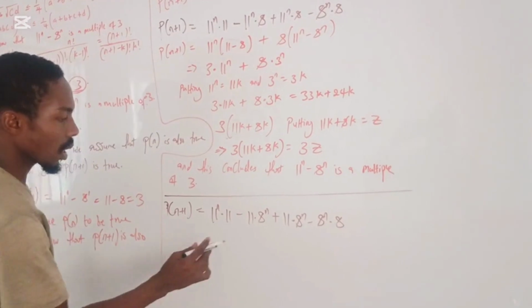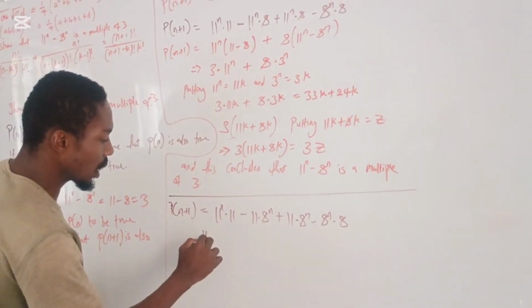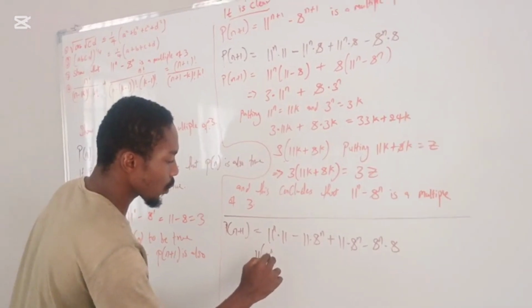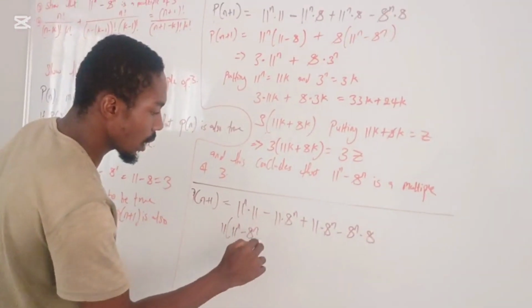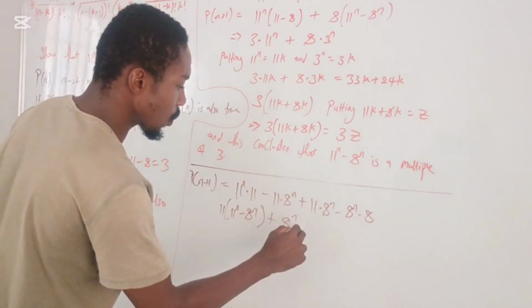Now, from here 11 is common, we'll factor out 11. This is 11 times (11 raised to the power n minus 8 raised to the power n), plus here 8 raised to the power n is common.